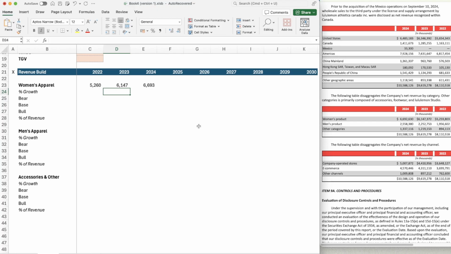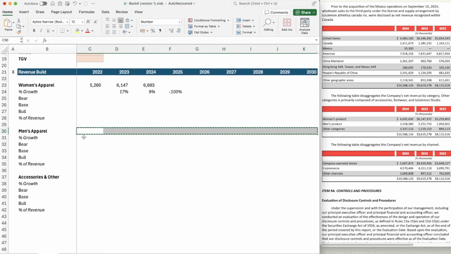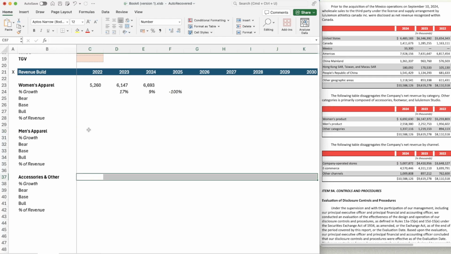So to work out the growth, we go equals the most recent year divided by the previous year, and subtract 1, and we just format that into a percentage, and we can go copy it along. No, we just want it up to 2025, and we do it like that. And also, whilst we're at it, let's just copy the formatting onto down here, and we're good to go.